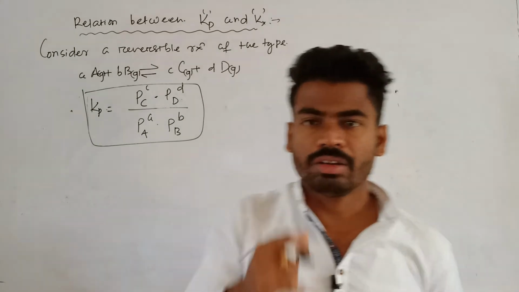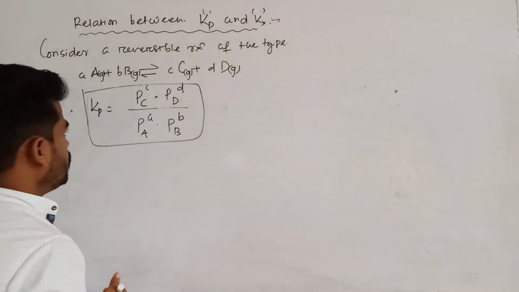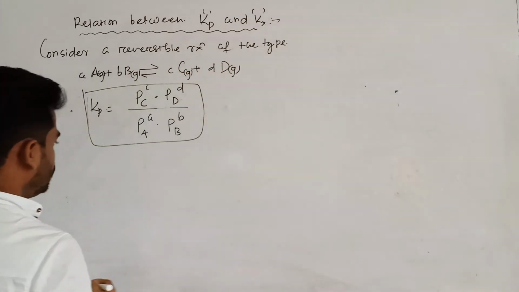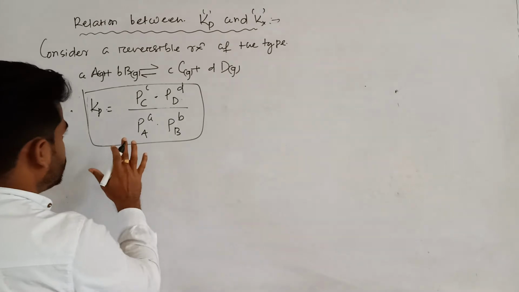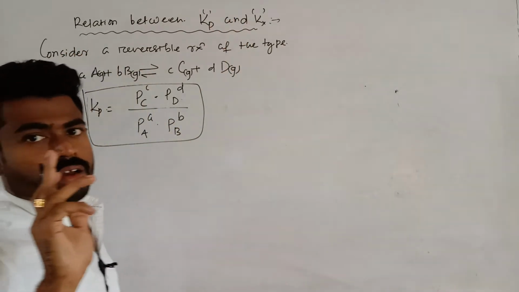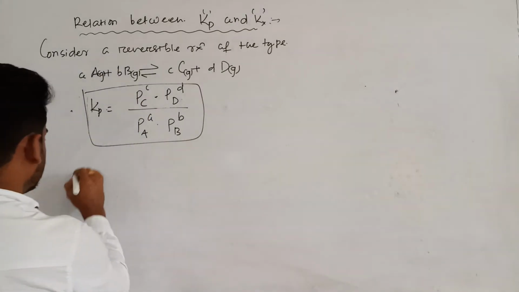Now from Dalton's law of partial pressure in the gaseous state, you just remember, if the gaseous components are A, B, C and D, then what will be the relation? Let's say this reversible process is carried out in a container having volume V, then applying the ideal gas equation.